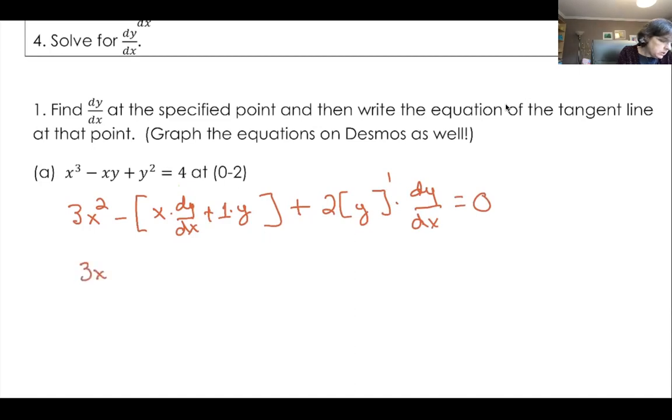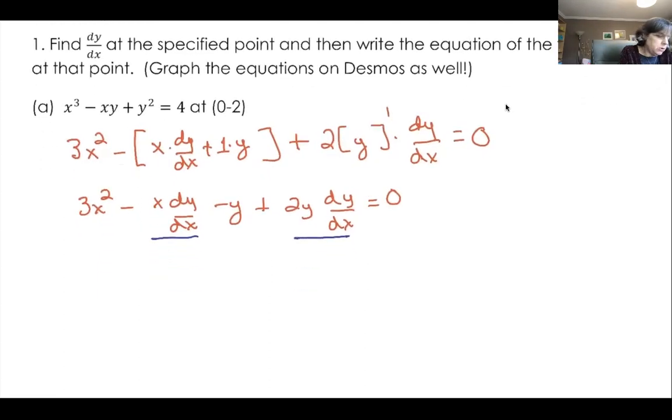So I have 3x squared minus x dy/dx minus y, so I'm distributing the negative, plus 2y dy/dx equals 0. So here's one term, here's another term that involves dy/dx, and I'm just going to solve for that. So this is basically just like algebra 1, solving for the variable. So I'm going to put the 2 terms with dy/dx on this side.